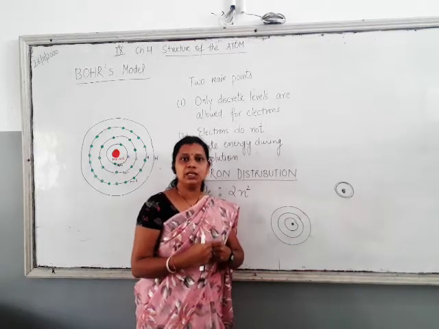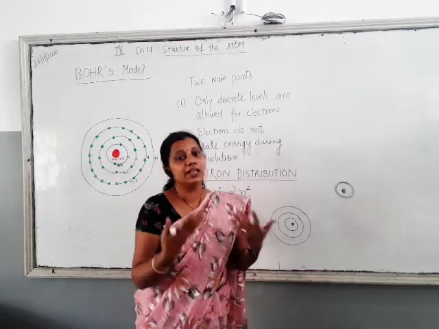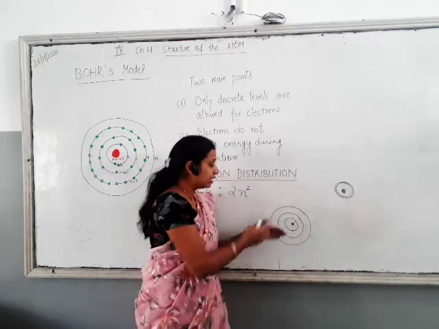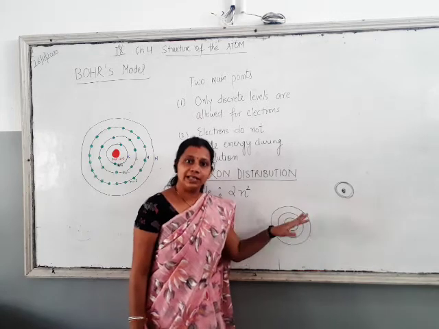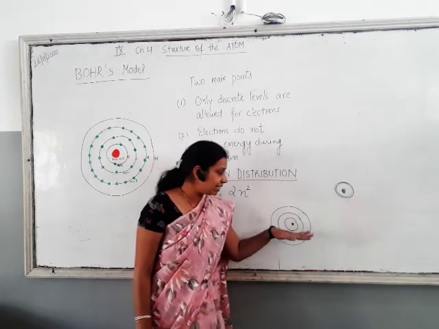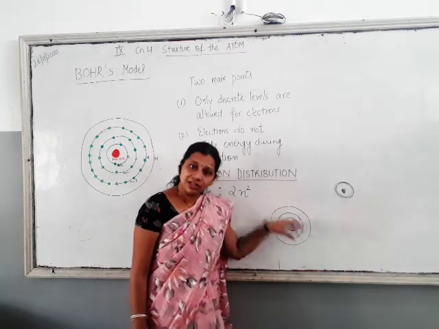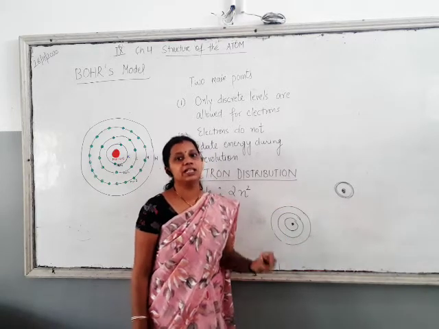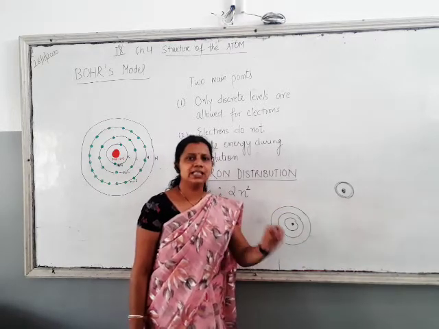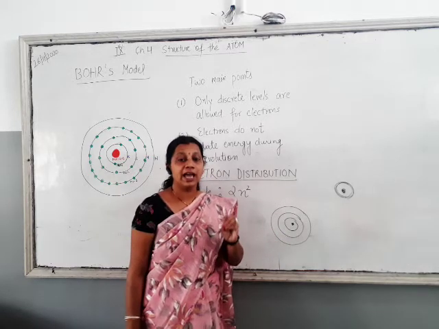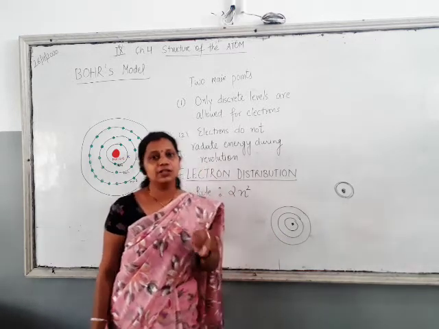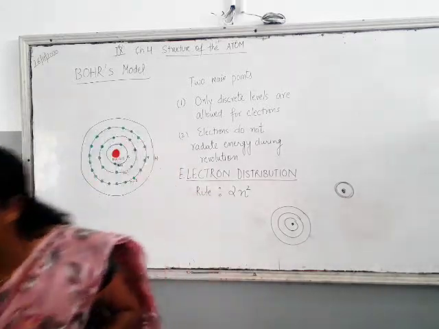Because it is minimum energy, there is no more energy to radiate. So electrons stay in the atom. Electrons exist in different levels, not in one level, and they do not radiate energy. Now let's see a little bit about electron distribution in the system and the pictorial representation of the Bohr model.